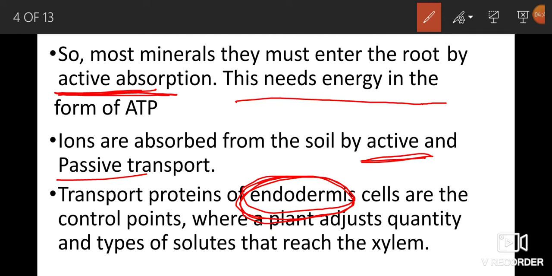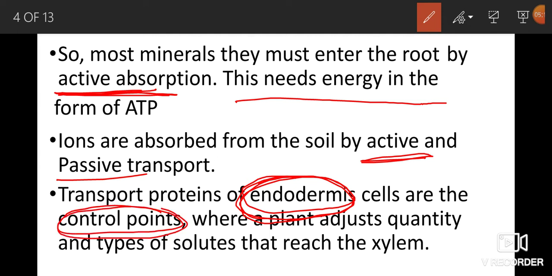So the endodermal cells which are opposite to the xylem are not deposited with Casparian thickenings. Those are called passage cells. So water moves only through those passage cells. And the transport proteins of endodermal cells are the control points.